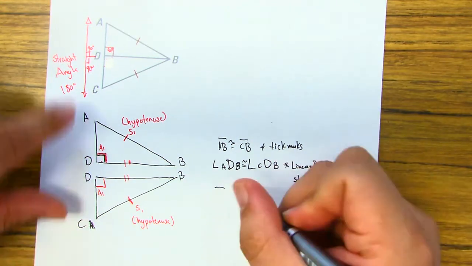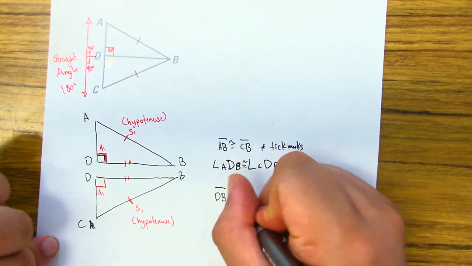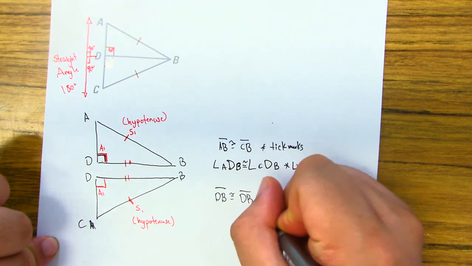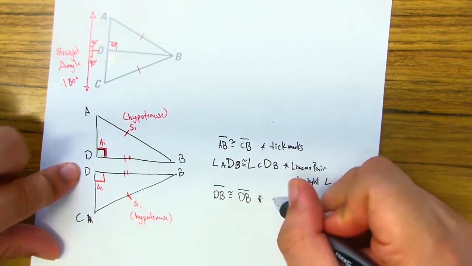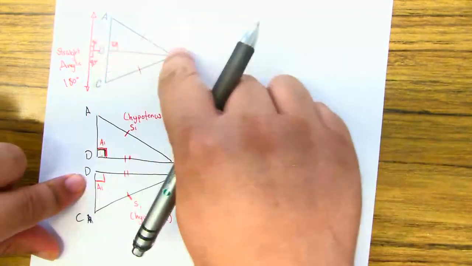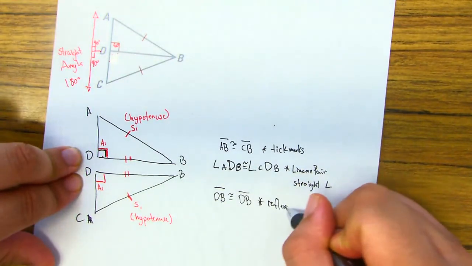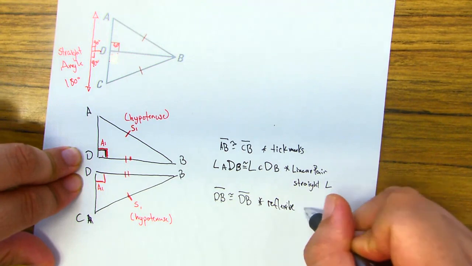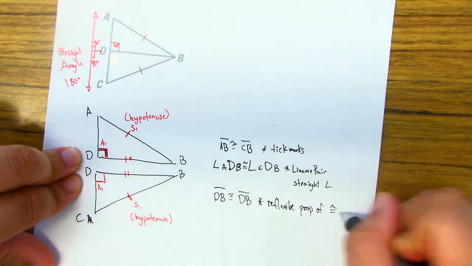And the last segment that's congruent is DB is congruent to DB. How do I know the congruence? It's because they share the same side here. So I can say that they're congruent due to the reflexive property of congruency.